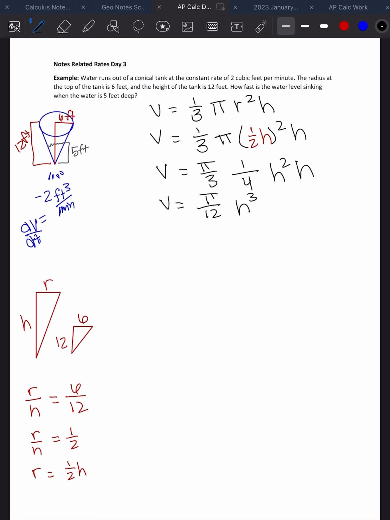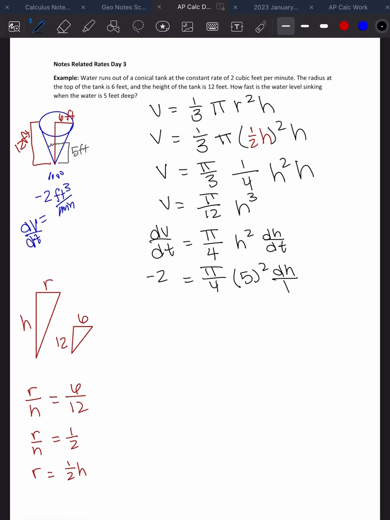I have now gotten rid of my product rule, and I've gotten rid of an entire variable. So if I take the derivative of this, we have dV over dt is equal to 3 times pi over 12, which is pi over 4 h squared dh over dt. We know what dV over dt is. It's -2. We know we have pi over 4. h is 5.